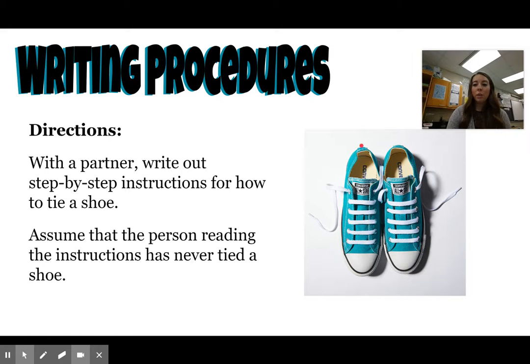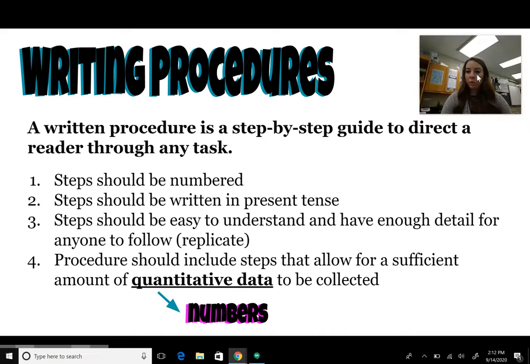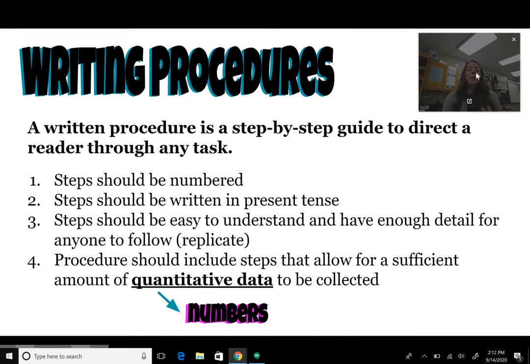So let's break down what our procedures should look like. Now that we're kind of seeing, okay, we have to be very specific and very detailed, let's take a look at what we should be including with writing procedures. Move my camera even a little more out of your way. So a written procedure is a step-by-step guide to direct a reader through any task.